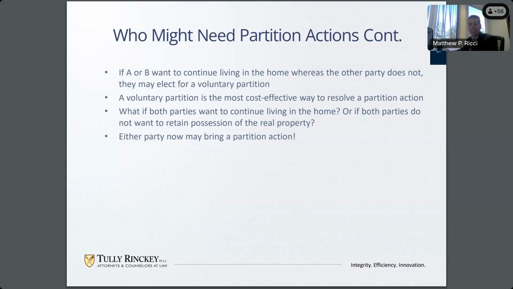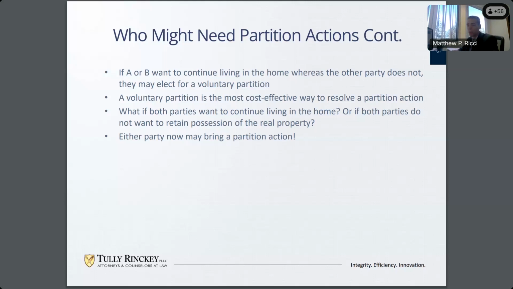Depending on how soured the relationship is between the co-owners, sometimes exploring voluntary partition actions are really easier said than done. I find that parties will tend to argue over the value of the property. They'll tend to argue over what to list the property for. They'll argue over realtors.